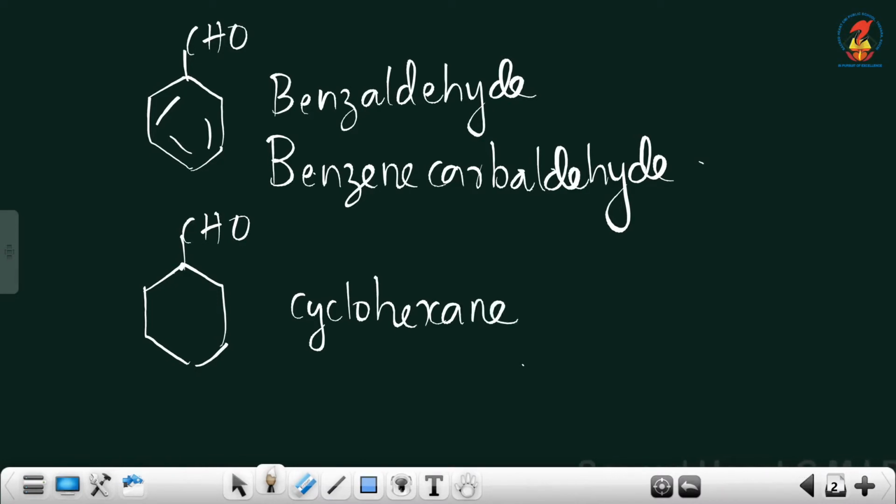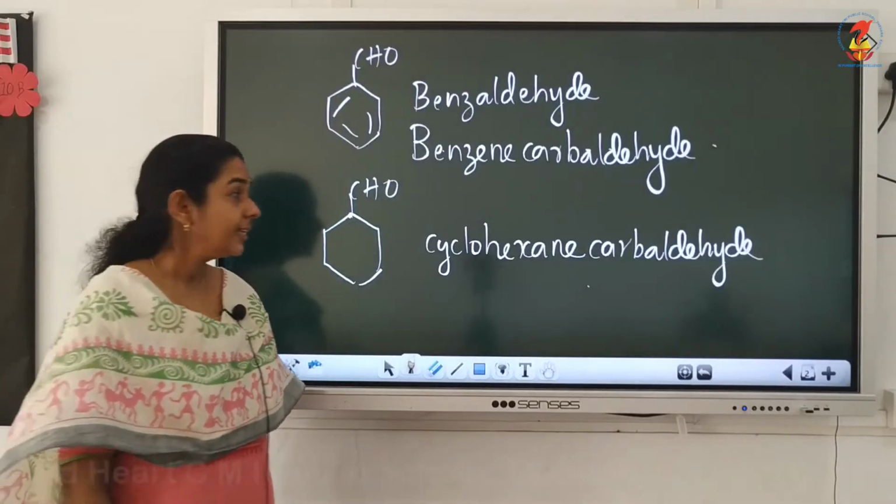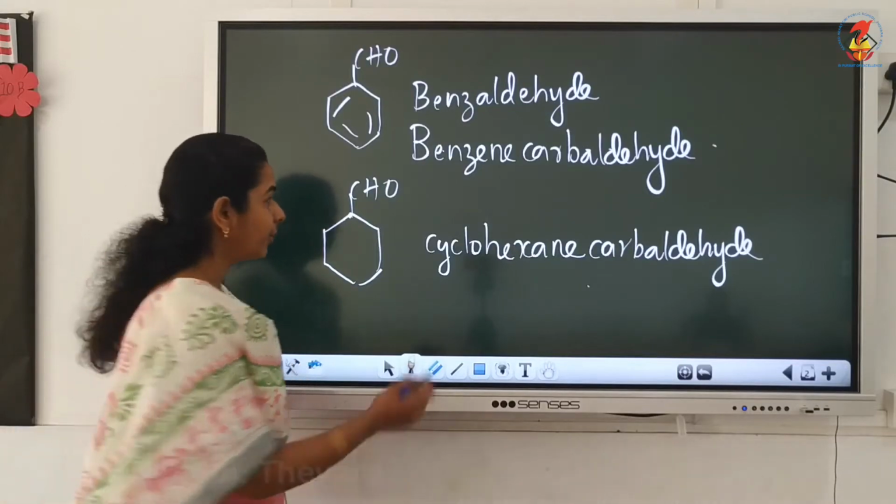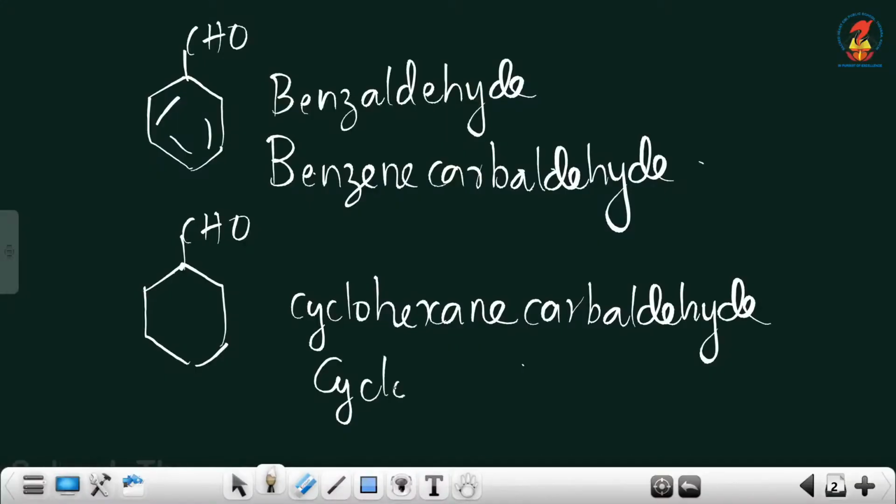Write the complete name of the ring, cyclohexane, and after that write carbaldehyde. So we can write it as cyclohexane carbaldehyde, or as we know, it can also be called cyclohexanal.